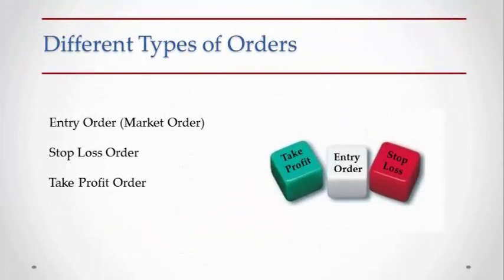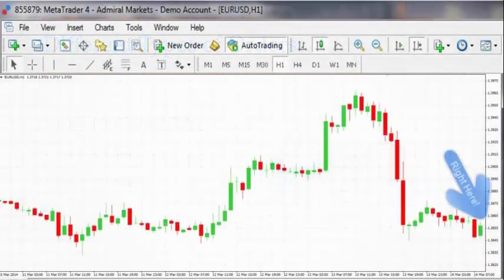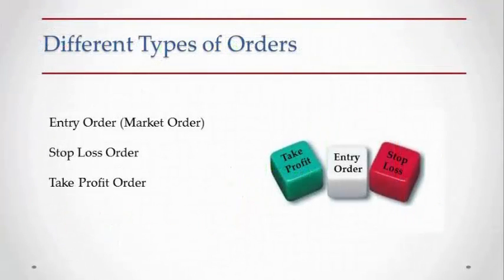The three types of orders I want you to become familiar with are entry orders, stop loss orders and take profit orders. A market order or an entry order is an order that is placed at the market and it's executed instantly at the best available price. A stop loss order on the other hand is an order that is connected to a trade for the purpose of preventing further losses.